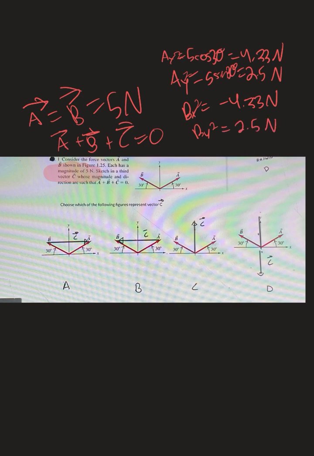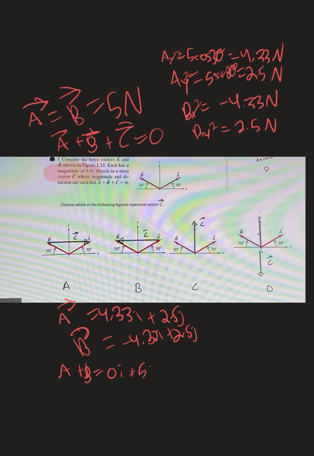So what we must do is the vector A is 4.33 i plus 2.5 j, and the B is negative 4.33 i plus 2.5 j, right? So let's do A plus B, right? 5j, because of the 5 newtons, is equal to C, right?